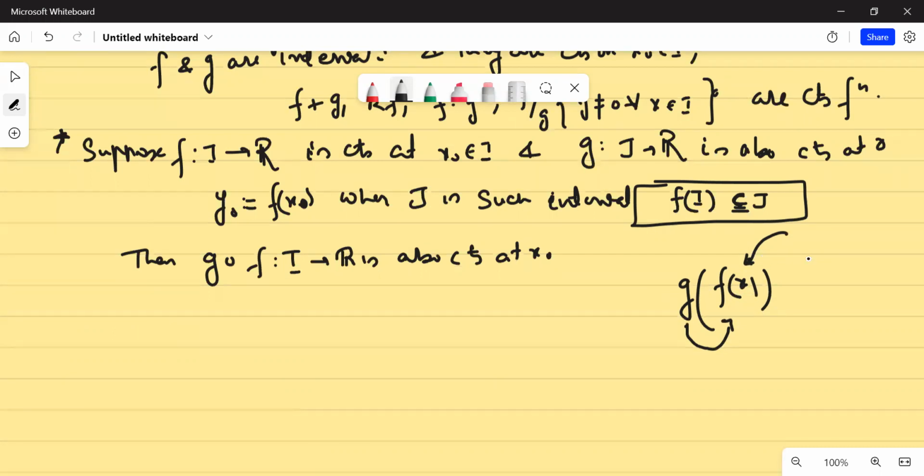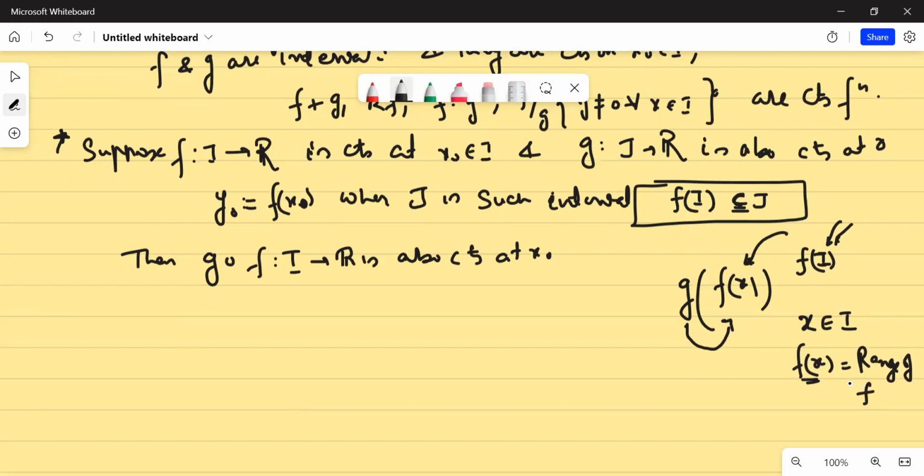Is that clear? So the range of f is the set of all values I obtain on taking all the values of the interval I. For all x belonging to I, whatever the values of f of x are, these constitute the range of f.